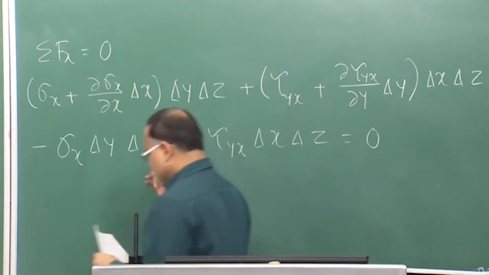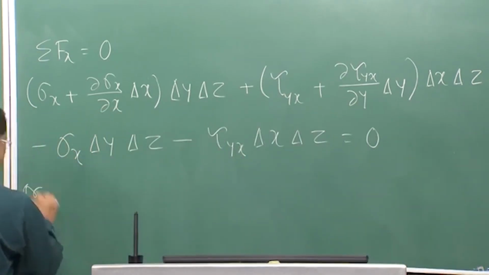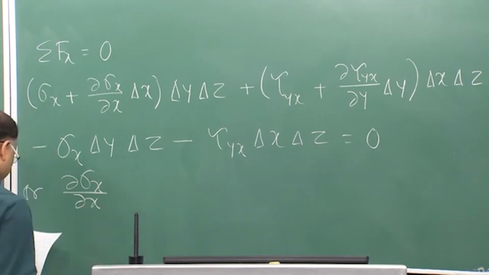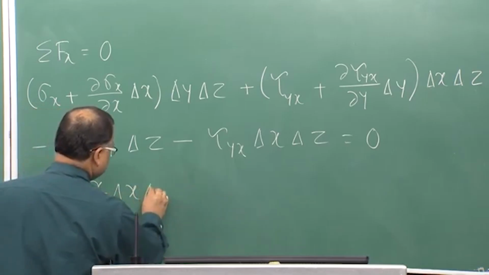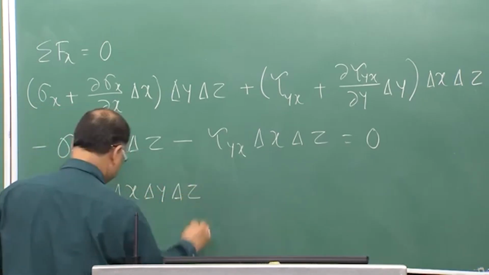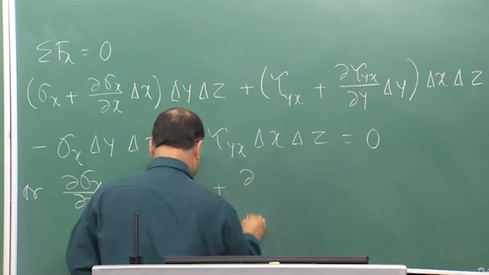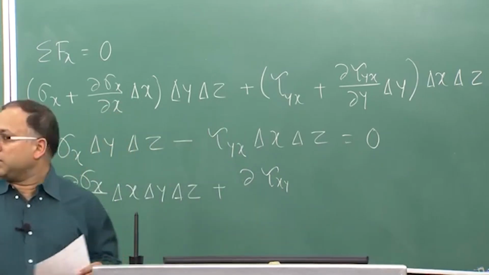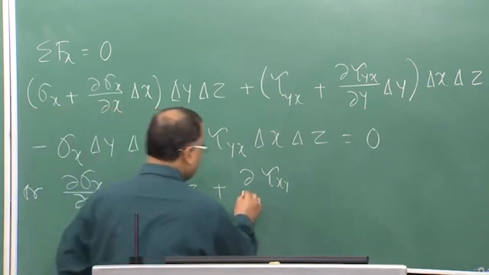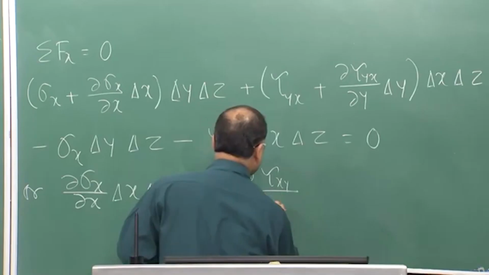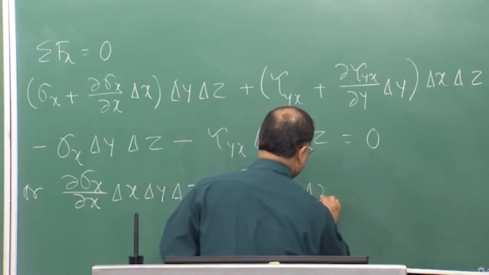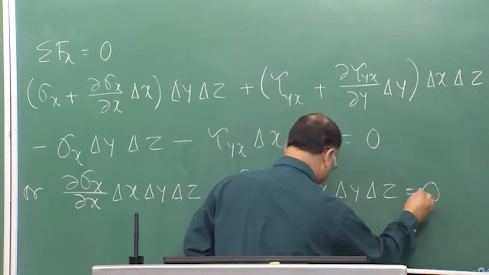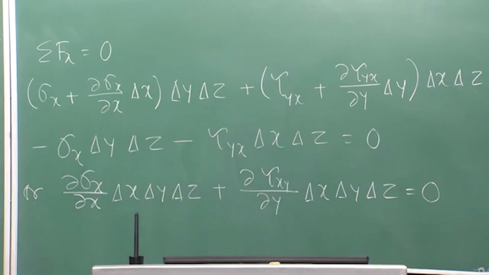If we simplify this, we come to del sigma x del x delta x delta y delta z plus del tau xy del y, because tau yx equal to tau xy, already we have established this relation, into delta x delta y delta z equal to 0, right.